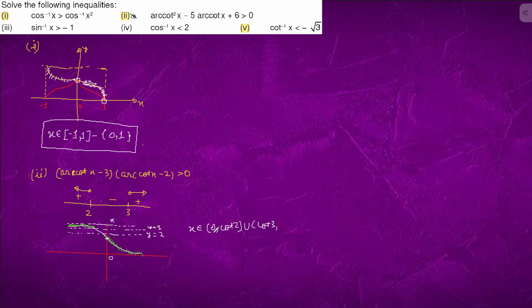It is minus infinity to cot 3. This is the solution.